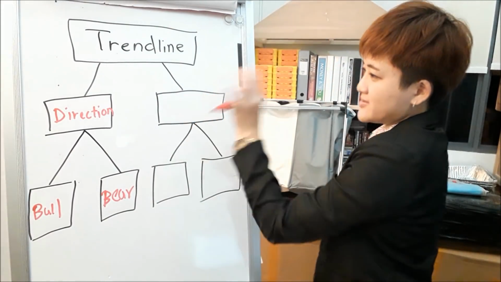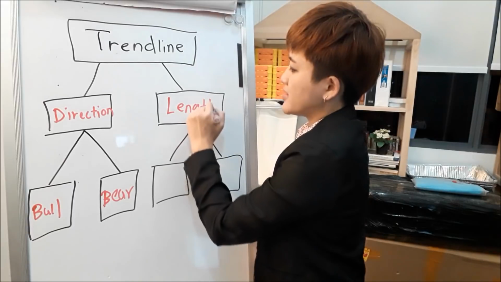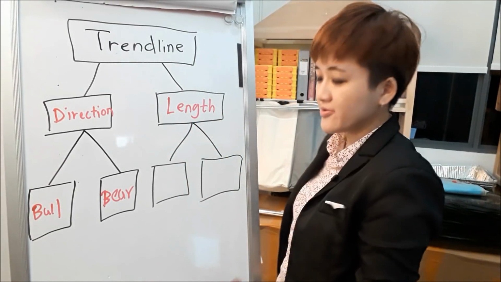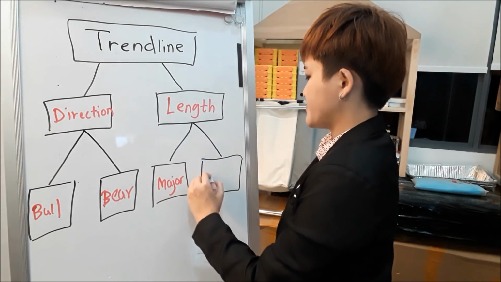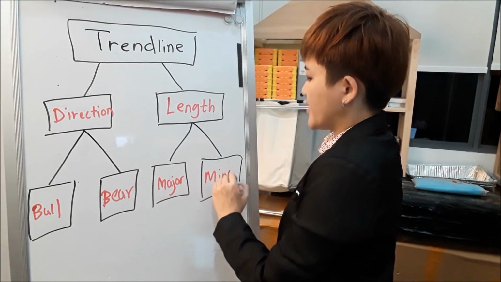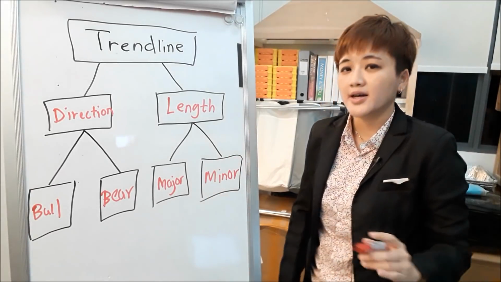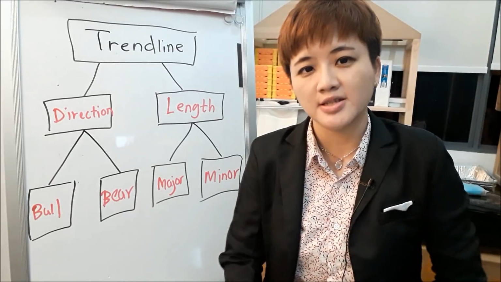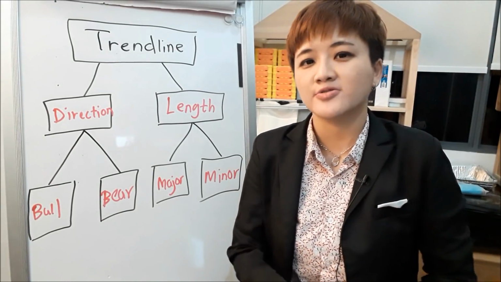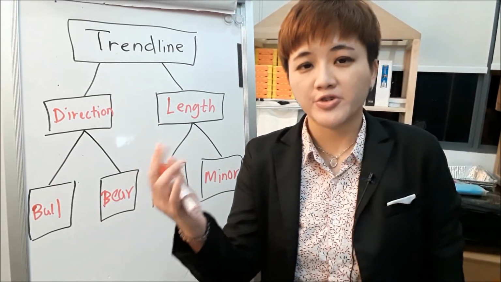The second way you can classify a trendline is length. So you have long and short. I mean, you have major trendlines and minor trendlines. So the question is, which one is a better trendline? Later on, I'll give you the answer.